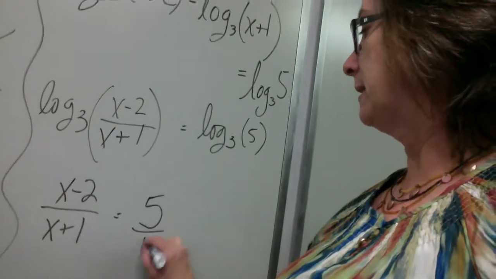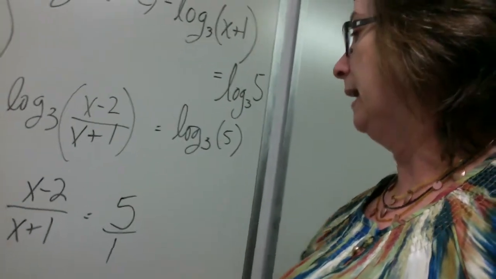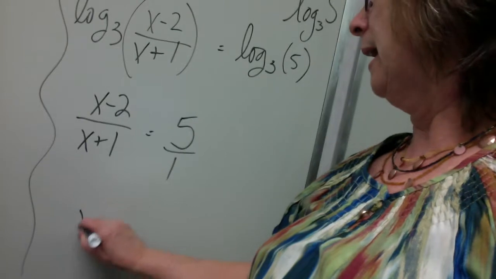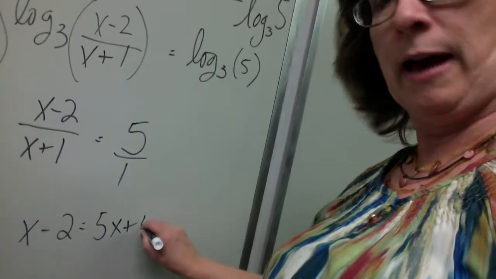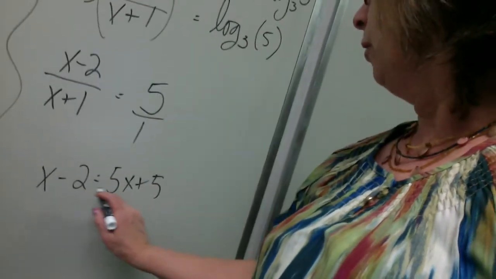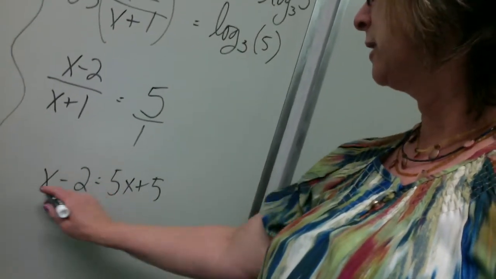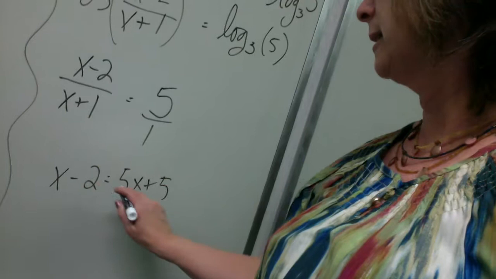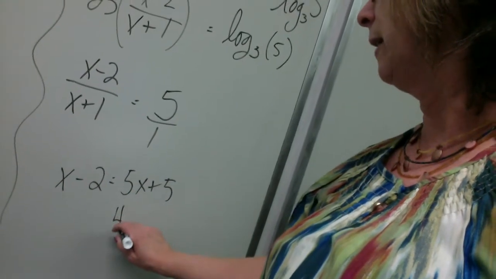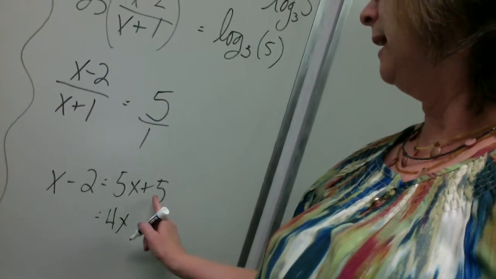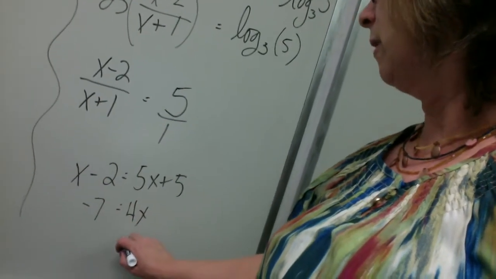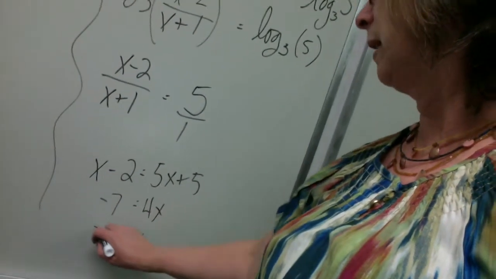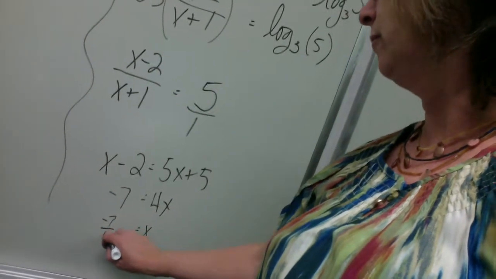Okay, now if I stick that over 1 and cross multiply, I wind up with x minus 2 equals 5x plus 5. And then when I try to get my x's on one side, let's just move them over here. I subtract an x and I subtract an x and I get a 4x. And then I subtract a 5 and subtract a 5 and I get a minus 7. Or x is equal to minus 7 over 4.